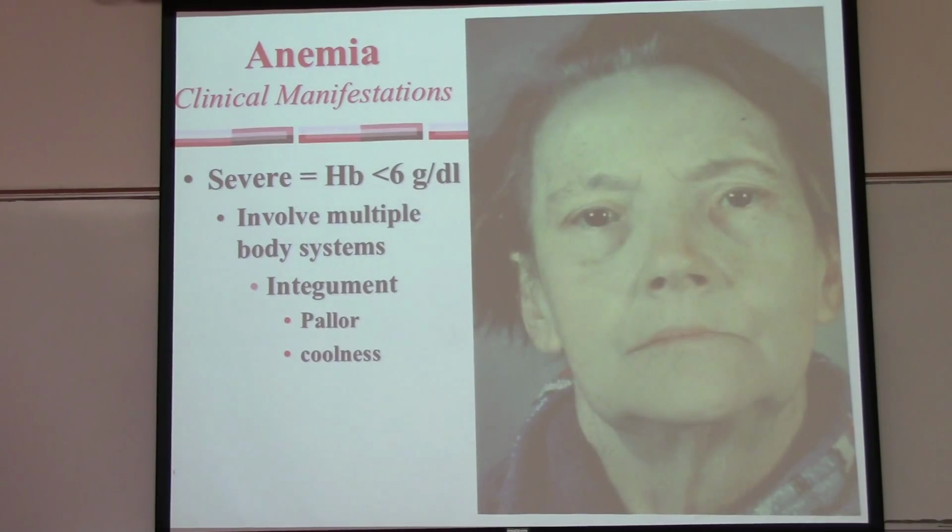No. Their skin has a low oxygen need, so it can survive. And so when you have severe anemia, that's exactly what's going to happen. The vessels to the skin are going to clamp down to get all that blood to more important places. And so these patients are cool and they're pale.